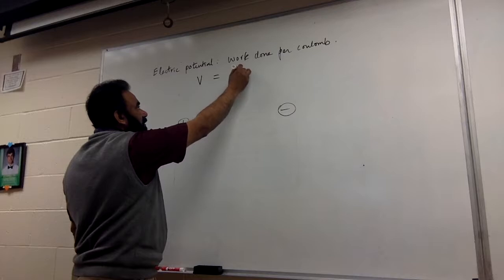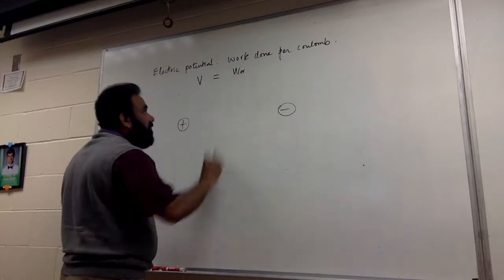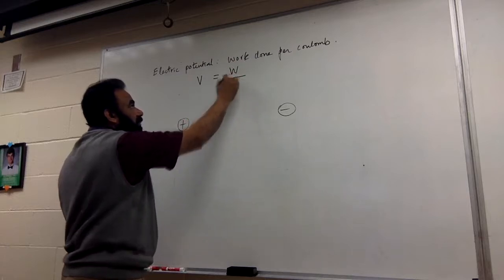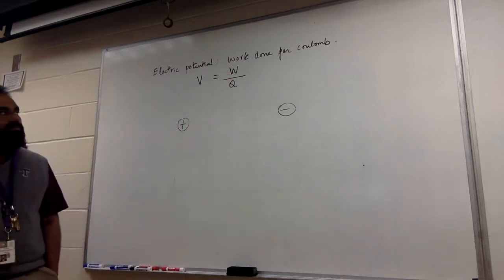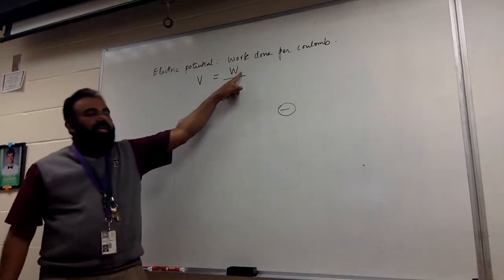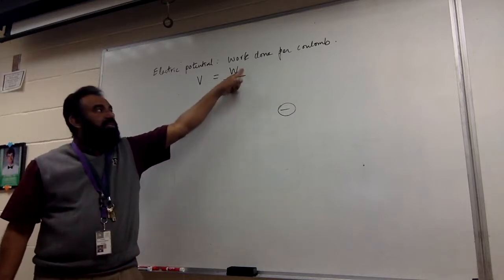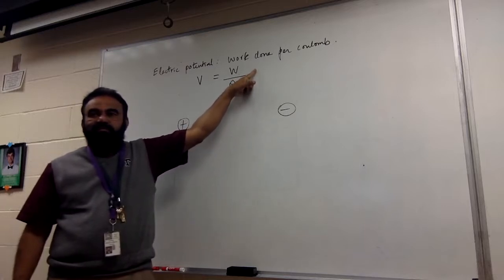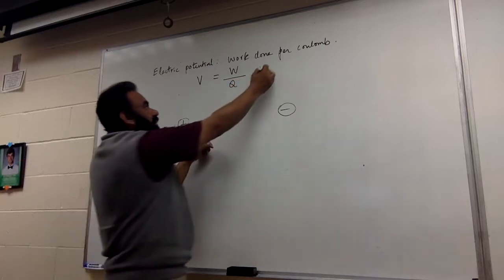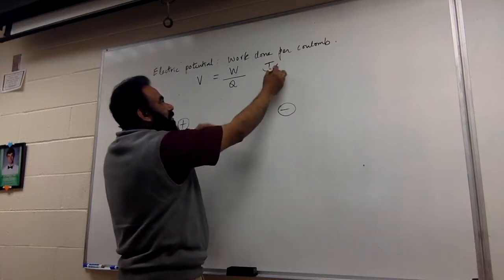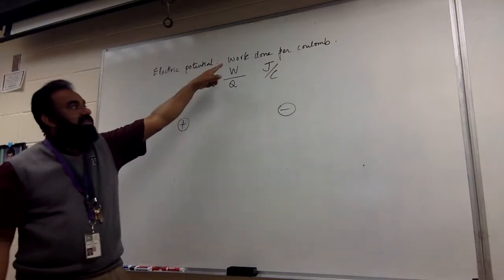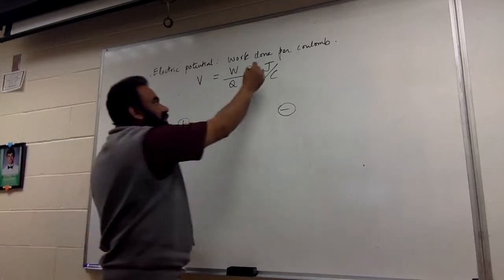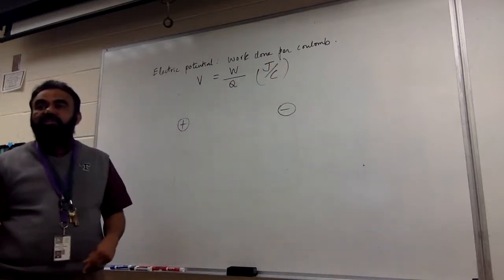Work done per coulomb, per charge. So looking at the right hand side, what is the unit of electric potential? You should be able to say that. Joules per coulomb. That's what this definition says. The work done per coulomb. Joules per coulomb is the unit of electric potential.